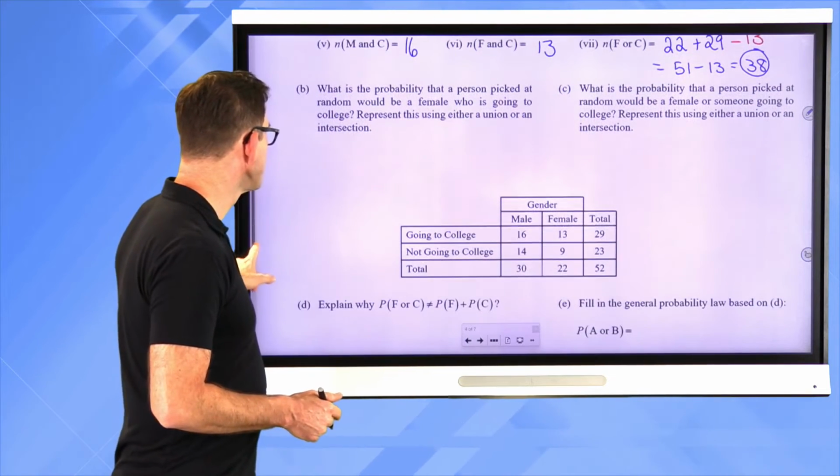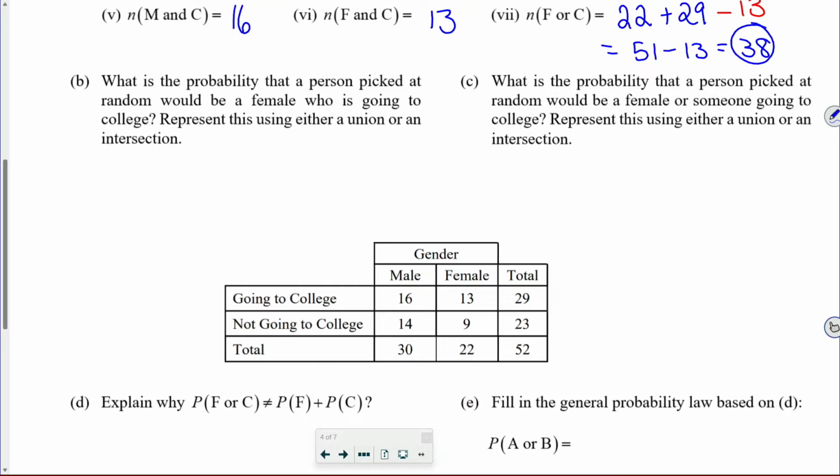Now, let's take a look at letter B. Yeah, that's right. We're all the way to letter B now. What is the probability that a person picked at random would be a female who is going to college? Represent this either using a union or an intersection. All right.